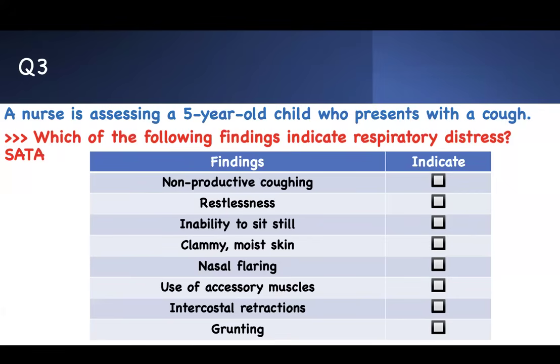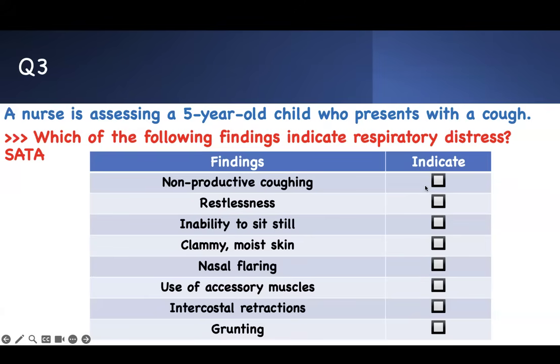That's all. And this is assessing a 5-year-old who presents with what? Cough, right? Respiratory problem. Which of the following findings indicate respiratory distress? That's all. Therefore, what do you think? Respiratory problem, non-productive cough. Does that indicate respiratory distress? Restlessness. Does that indicate respiratory distress?